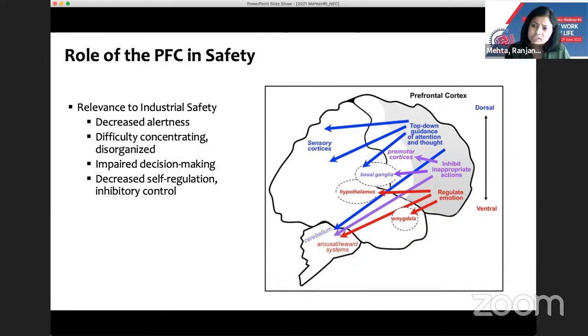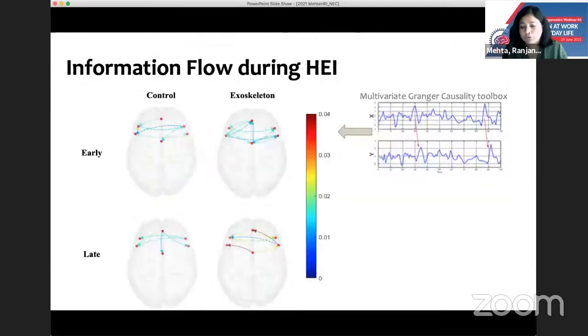And if that region is engaged with the motor regions when someone is wearing an exoskeleton versus not, that means those extra resources are now being utilized, and the person may be more vulnerable to any safety risks, although nothing of this has been quantified yet. So that is what we want to do.